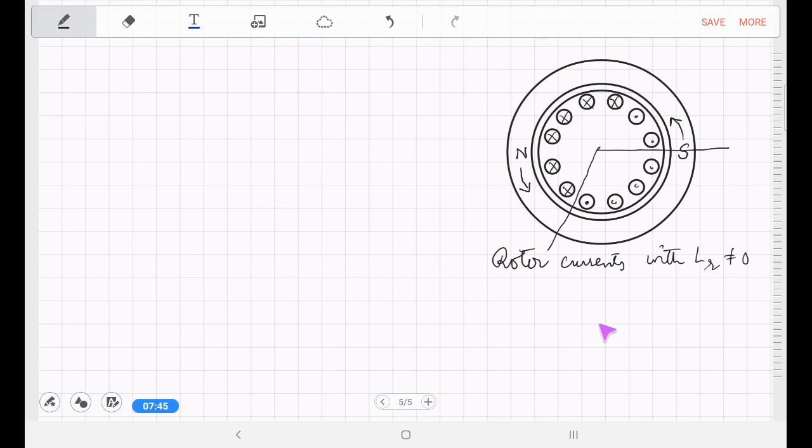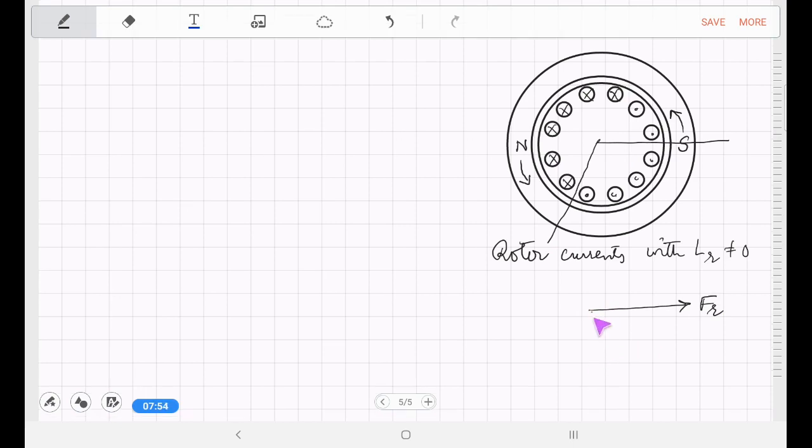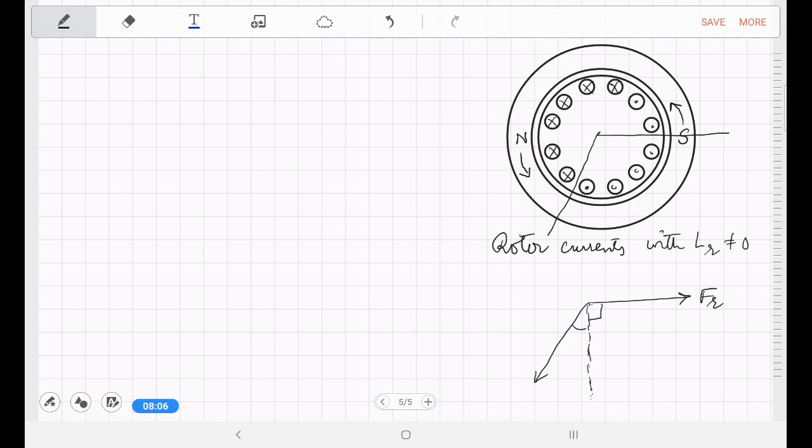Therefore, the rotor field now will be lagging the stator field not by 90 degrees but by an angle greater than 90 degrees. This would have been the case if L_R was equal to 0, but now there will be an additional angle phi, which is the rotor power factor angle.